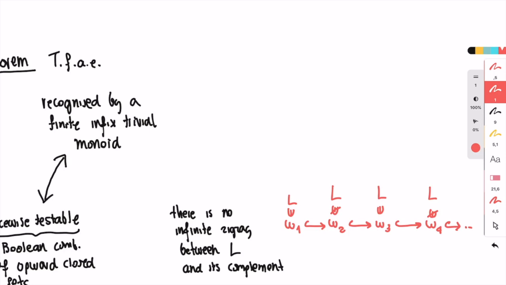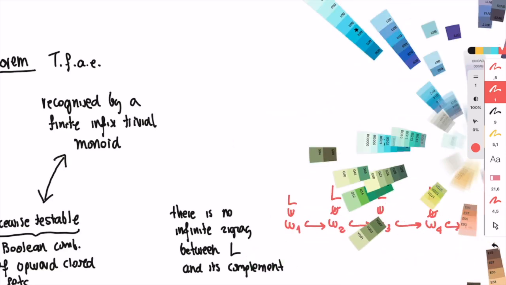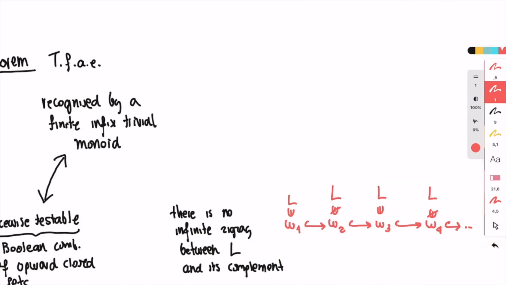So it's an increasing chain, it doesn't have to be a strictly increasing chain, which alternates between L and the complement of L. Now, okay, if L and its complement, well, it has to be strictly increasing, because if you're not in L, then two consecutive words cannot be equal because one is in L and the other is not in L. However, there's a more general notion of a zigzag between languages L and K, so it alternates between L and K and L and K and L and K, and maybe if L and K have non-empty intersection, it could be not strictly increasing.